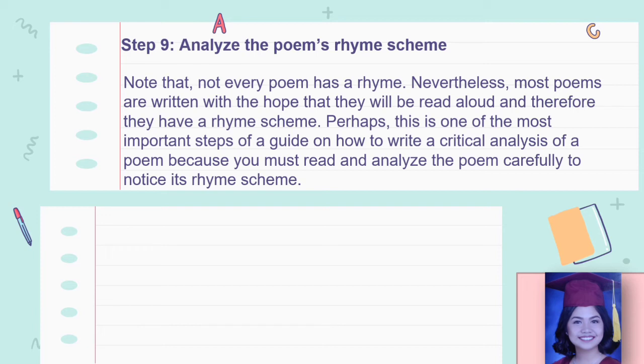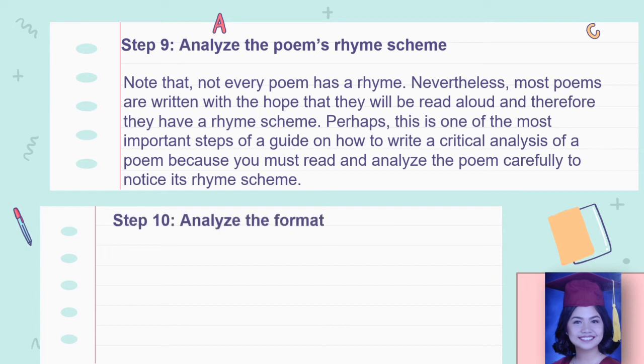Before you conclude that the poem under analysis does not have a rhyme scheme, read it aloud with a friend or alone. Listen to its sound instead of simply looking at its words. This will enable you to identify its rhyme scheme and analyze it.